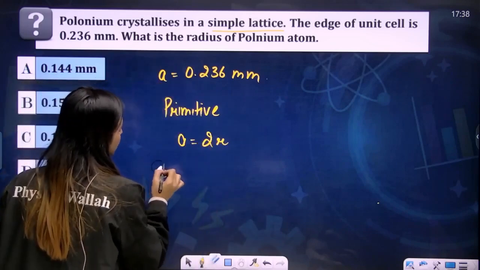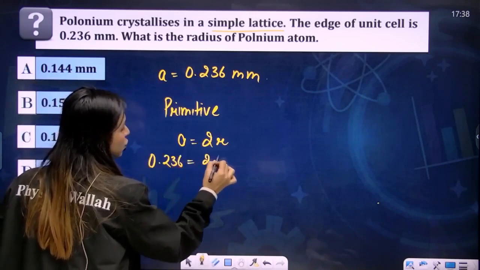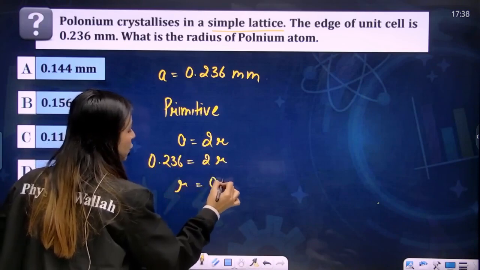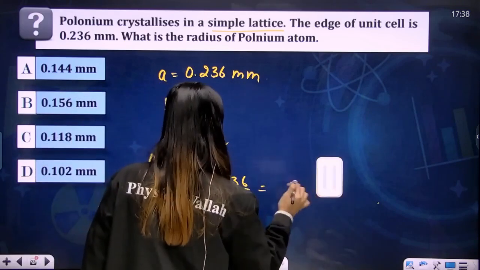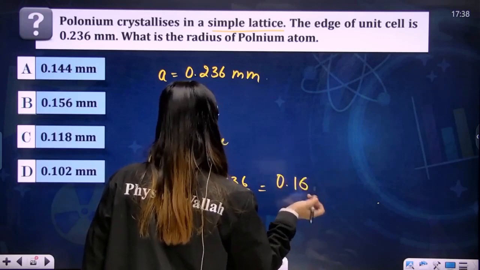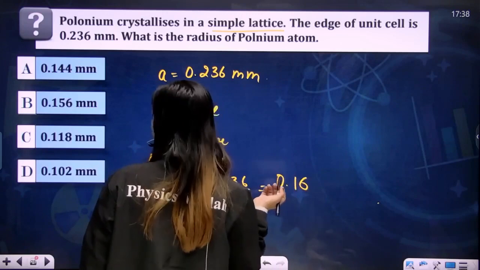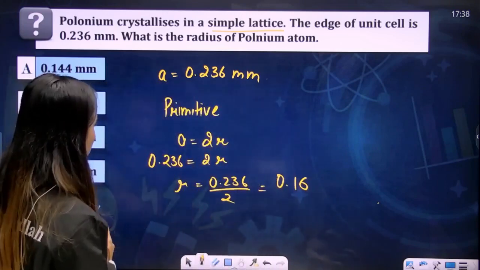So a is 0.236. This is equal to 2r. So r would be 0.236 divided by 2, which is 0.16 something. Do you have something related to this?